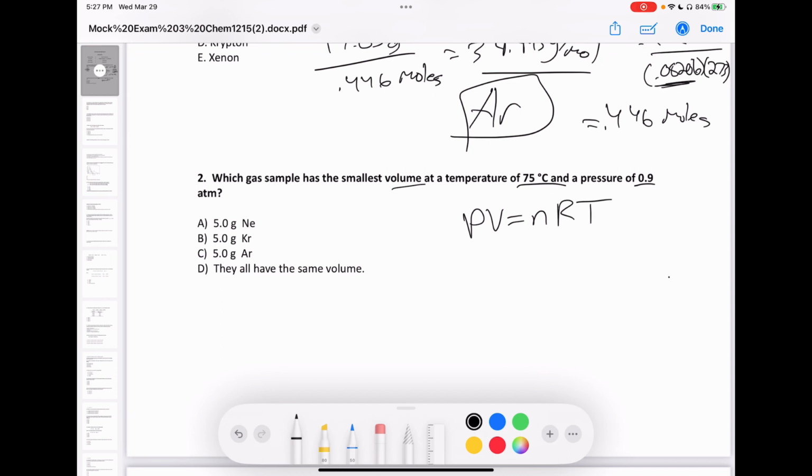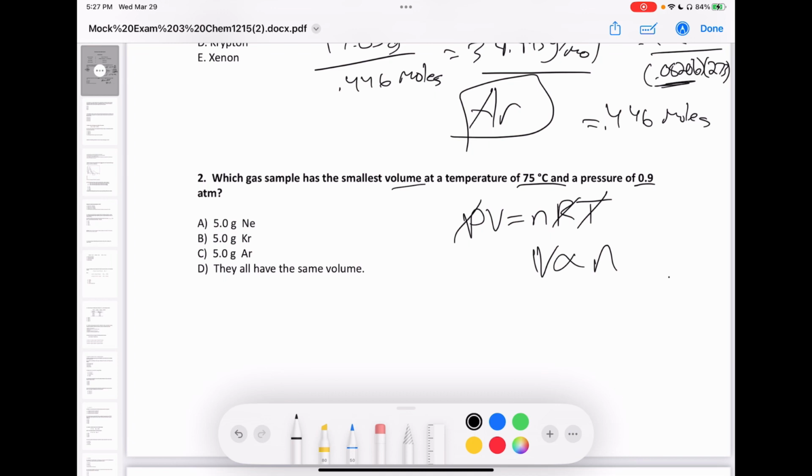We know that pressure is going to be constant. Temperature is going to be constant. The R is going to be constant. So we know then that volume is going to be proportional to moles of gas.